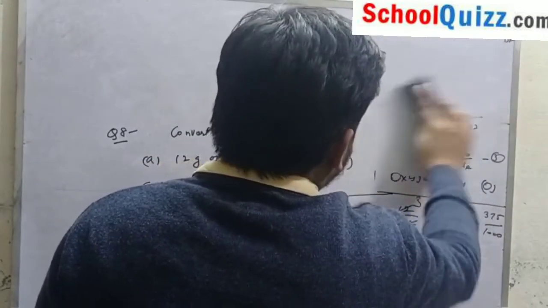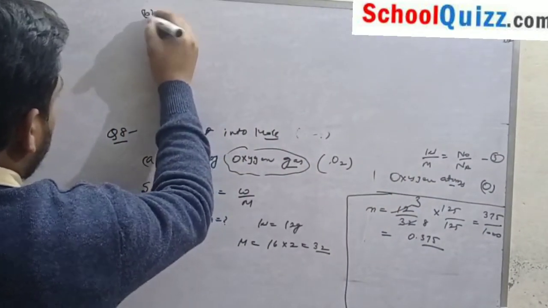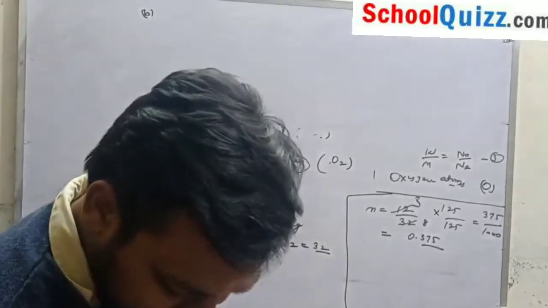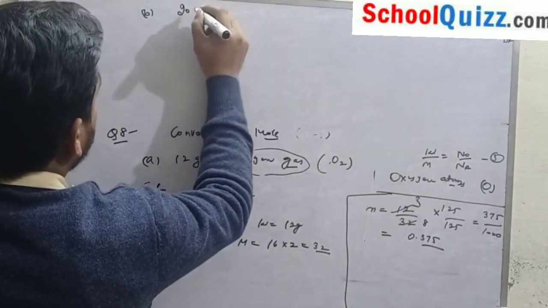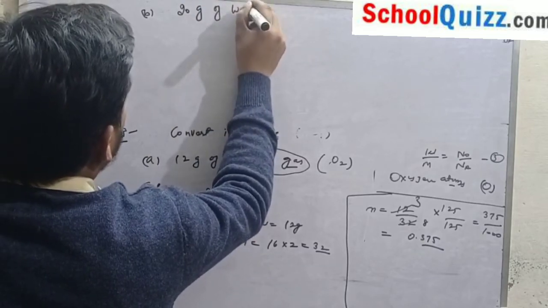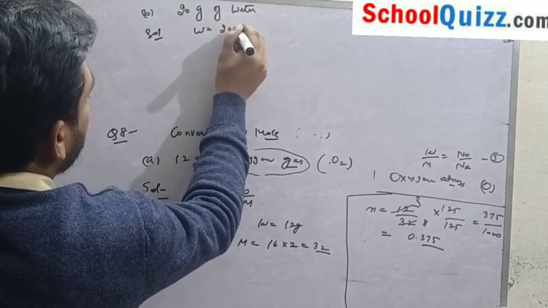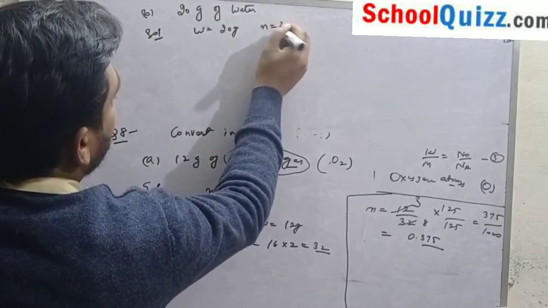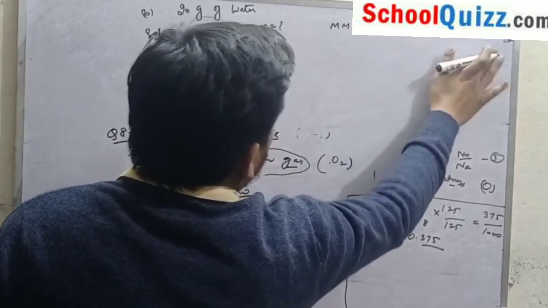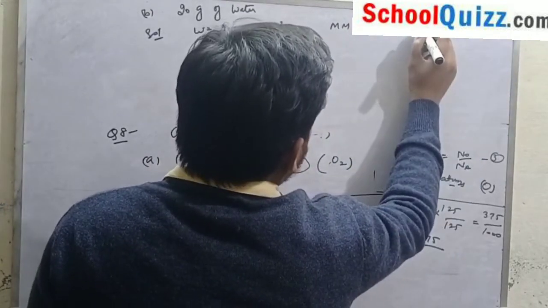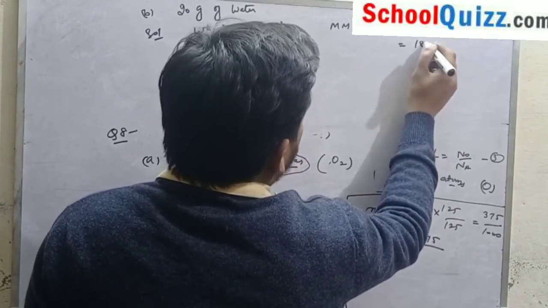The second one is 20 gram of water. Here the weight is given, that is 20 gram. We have to find n, and the molecular mass of water will be hydrogen 1 into 2 plus 16 into 1, that is 18.